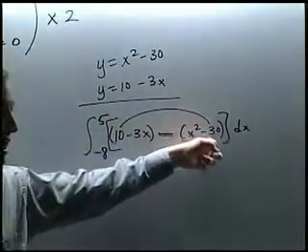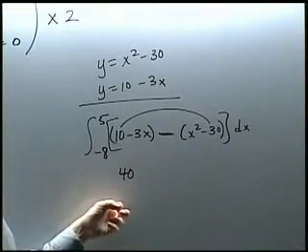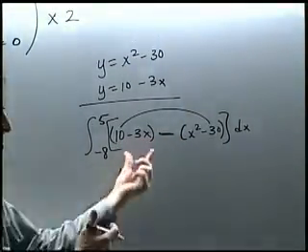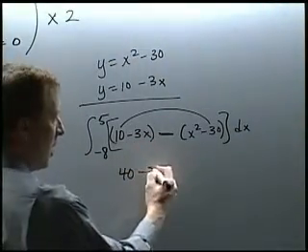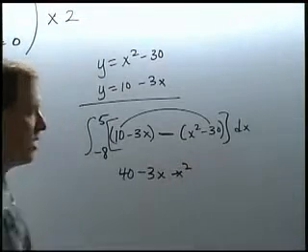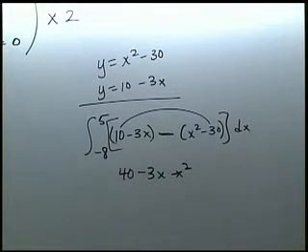Instead of doing 2 antiderivatives, now I only have to do 1. So if you do a little bit of algebra and rewrite it as 40 minus 3x minus x squared, it'll save you a little bit of time later on. But if you don't, you'll still get the right answer. It'll take you a little longer. All right, so there was one example.